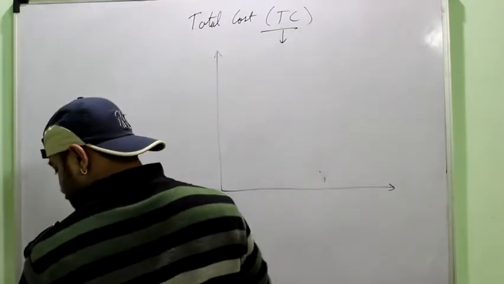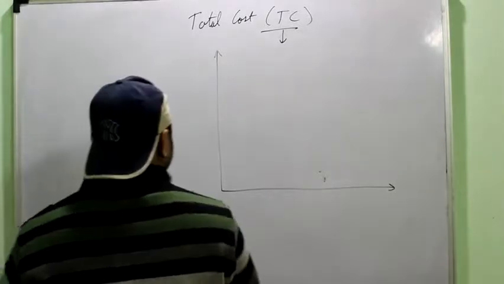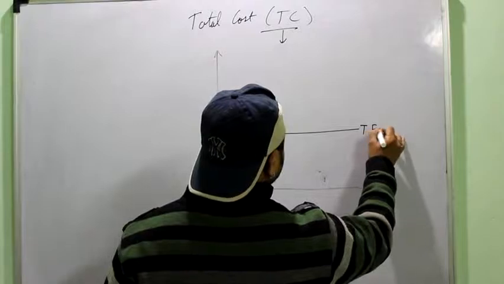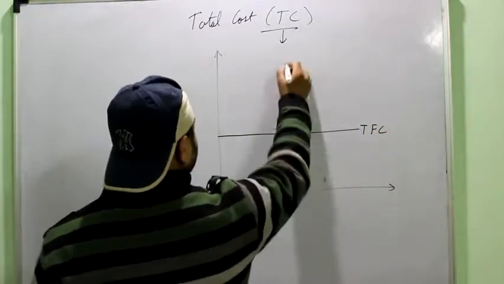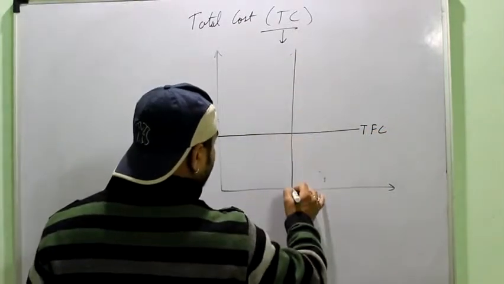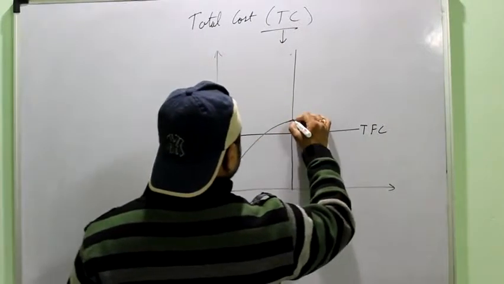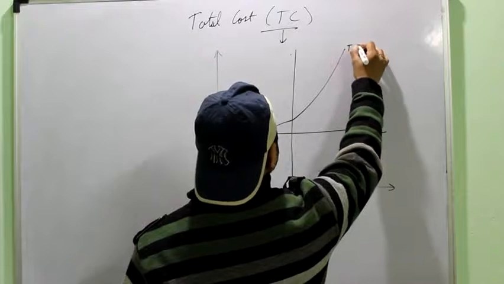The TC curve is the vertical summation of the TFC curve and the TVC curve. For TVC, I have already told you, it is divided into two parts: first you make a concave curve, then a convex curve.